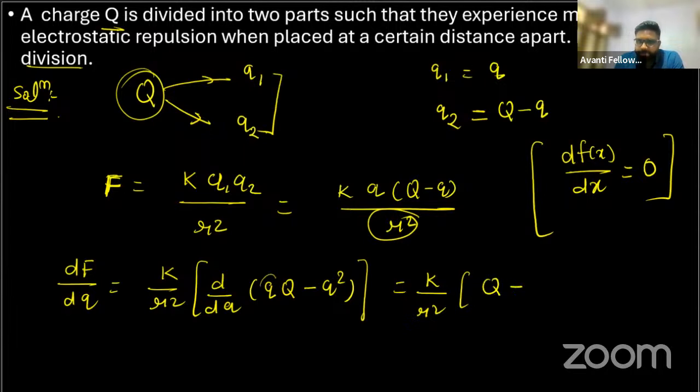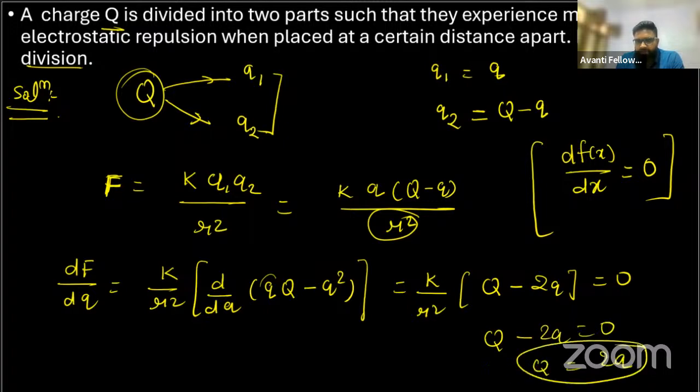Only Q will be remaining, minus differentiation of q square will become 2q, which is equals to 0. Now capital Q minus 2q equals to 0. So capital Q is equals to 2 times of q.